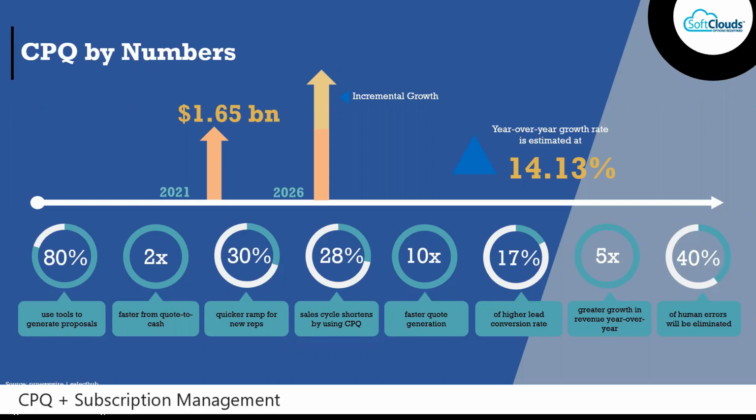And very often, if the quoting process takes too long, the customer moves on somewhere else. So we really see a CPQ application as a way in which the customer can get served more quickly and the company can be more accurate and efficient in the processing of their quotes for their customers.